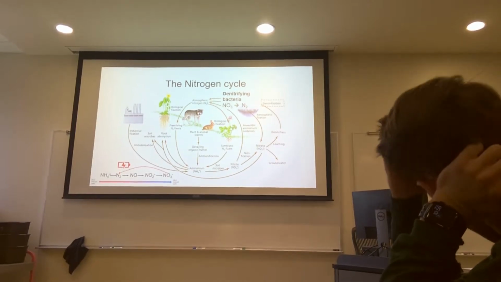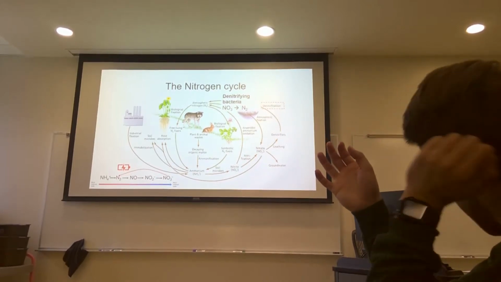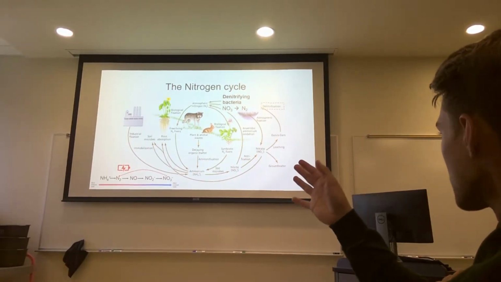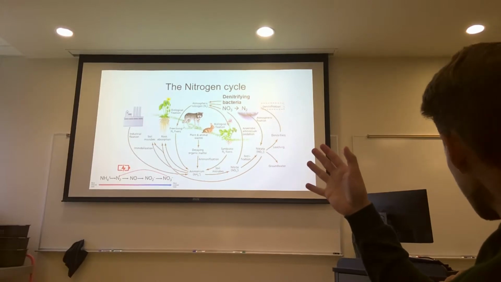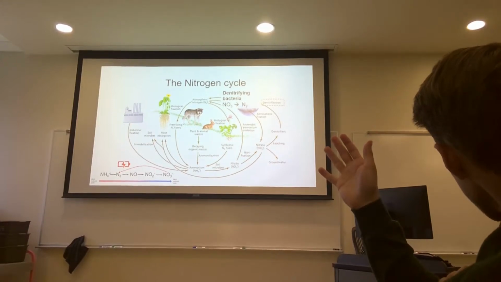Why don't they just take up ammonium? If they have to spend energy to take up nitrate, then spend energy reducing it to ammonium to then incorporate it into their amino acids, why don't they just prefer and only take up ammonium?